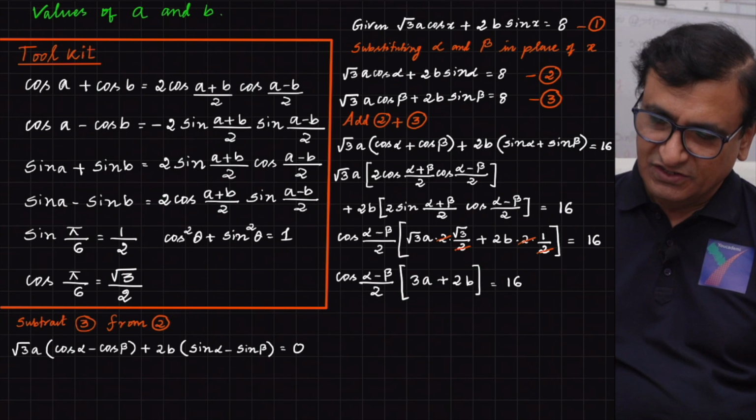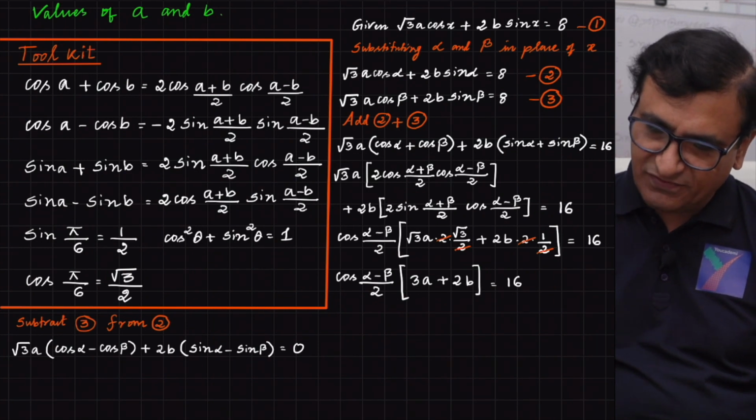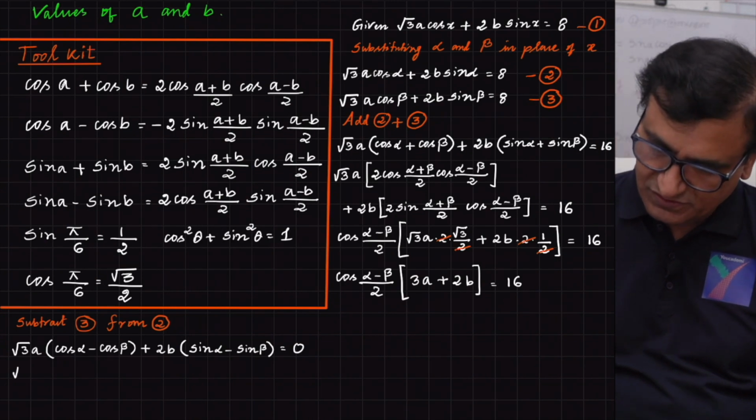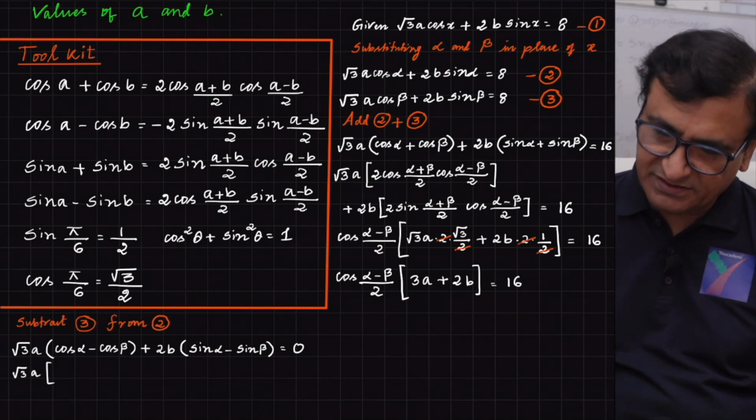Now, I need an expression for cos alpha minus cos beta and sine alpha minus sine beta, which I already have. So I'm going to supply cos alpha minus cos beta as minus 2 sine((alpha plus beta)/2) sine((alpha minus beta)/2), on the large bracket.